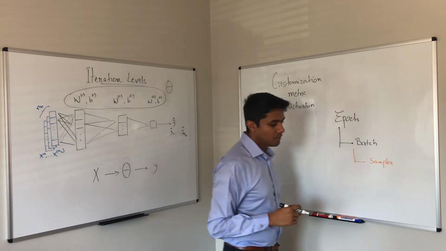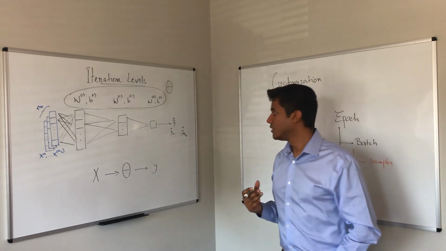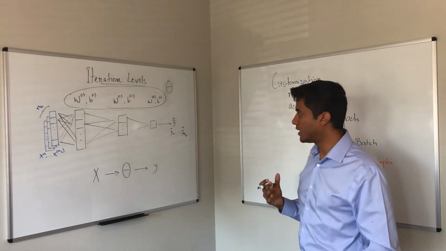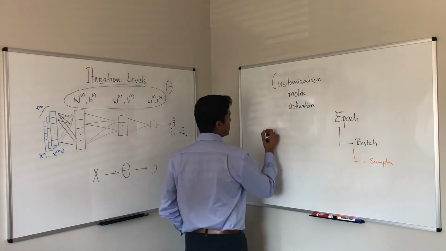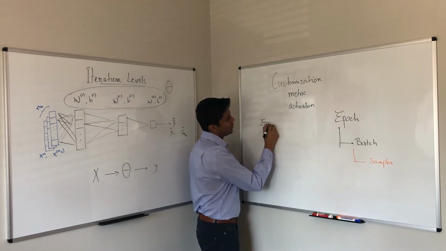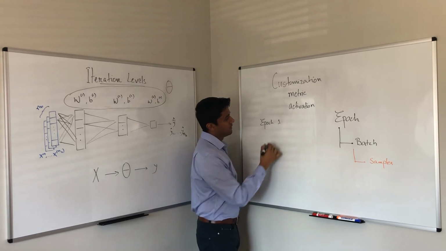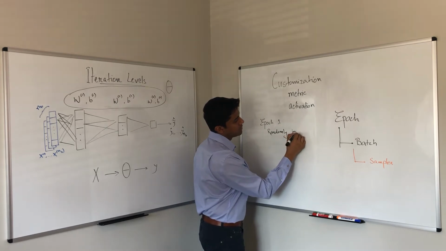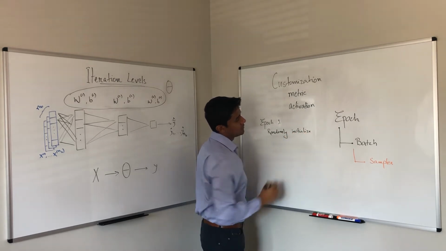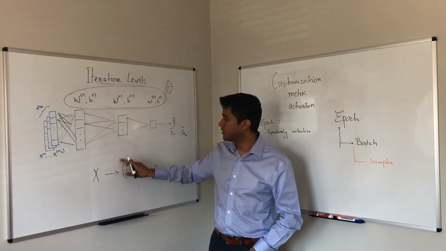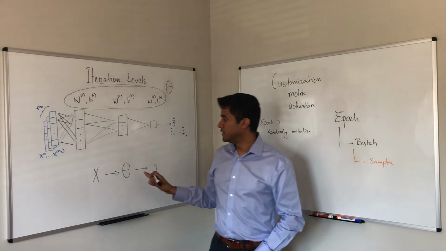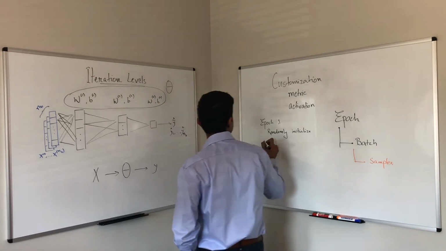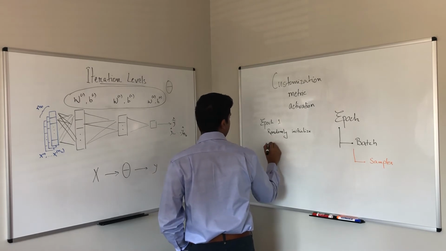Now, when we are training the model, we do it repeatedly, epoch by epoch. Now, what happens epoch by epoch? In epoch 1, we randomly initialize the model, meaning we randomly initialize theta. Now we go batch by batch.